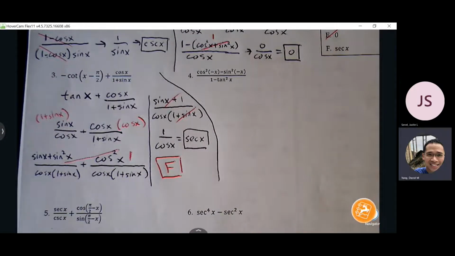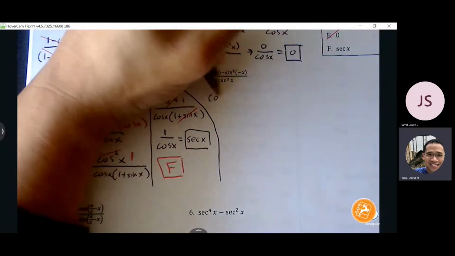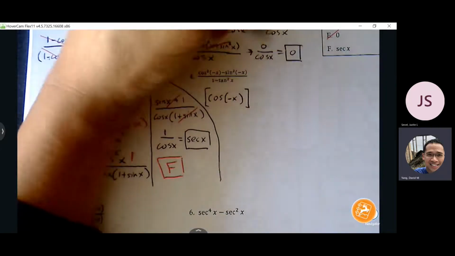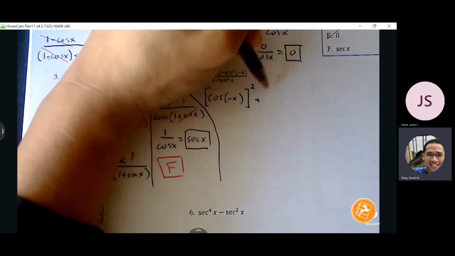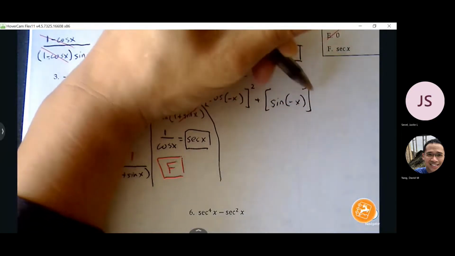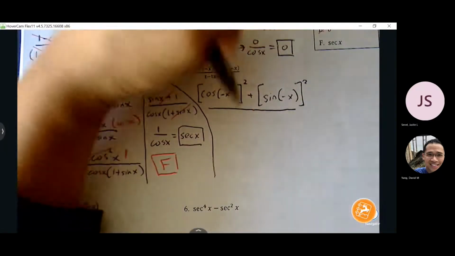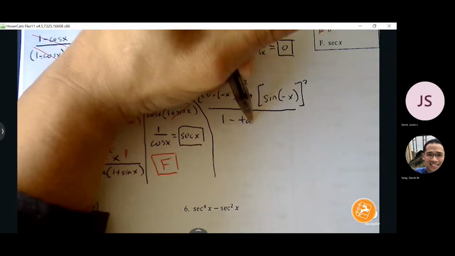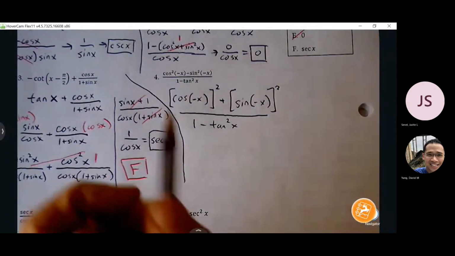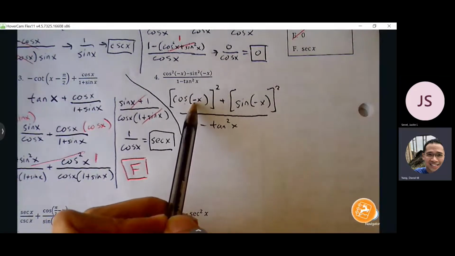Okay, number 4, maybe it helps to get those squared to be outside the expression, so we kind of see them a little bit more clearly. Okay, so cosine is even, so the negative goes away.